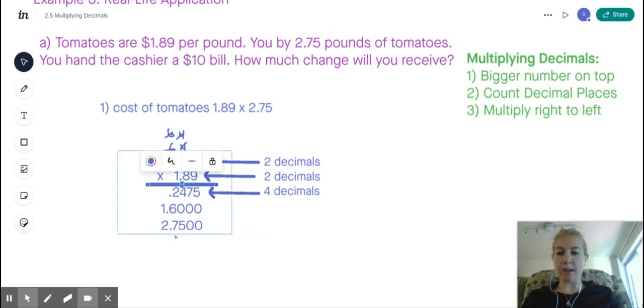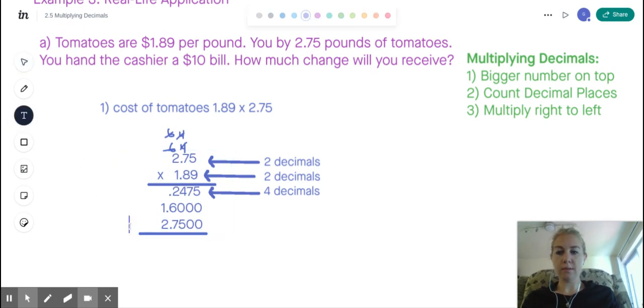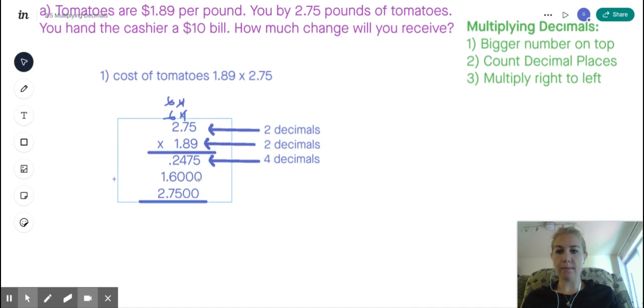Now we're going to add our numbers together. I'll put a plus sign over here. My decimal point will be about right there, but we'll move it if I need to.